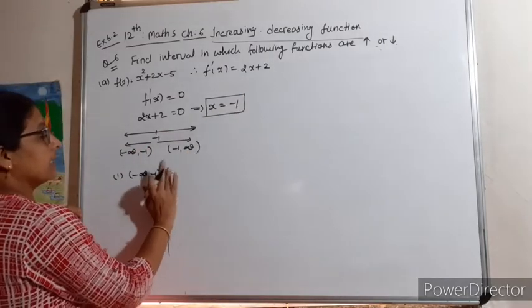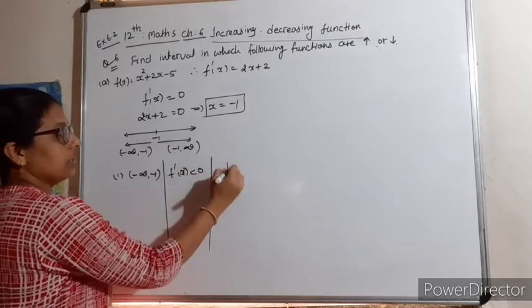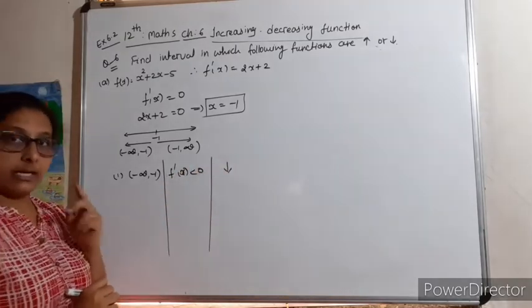So f dash x is less than 0. So in this interval the function is decreasing.